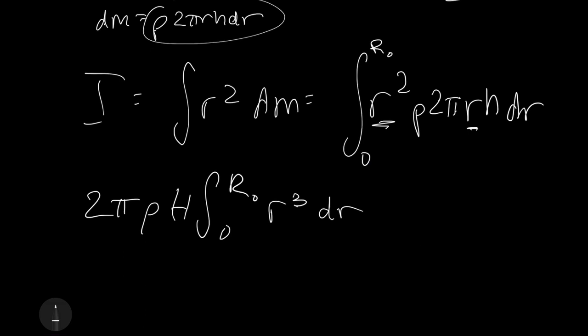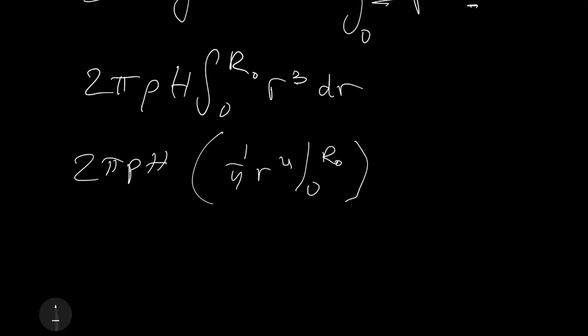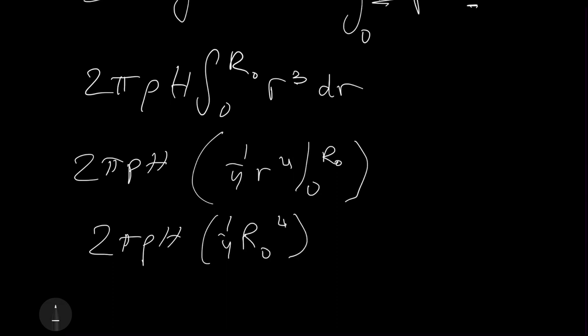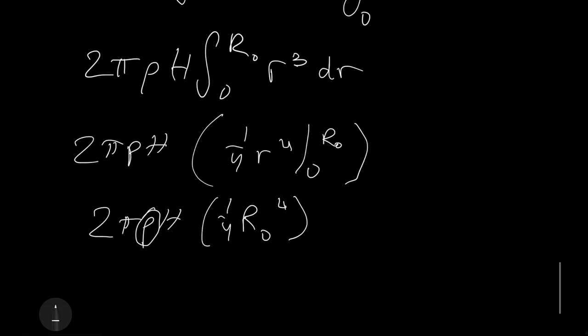From here, the integral is pretty easy. 2 pi rho h, and then we have 1/4 r to the 4th from 0 to r naught. And since we have 0, this is just going to be 2 pi rho h times 1/4 r naught to the 4th. Now, simplifying this further, because we can't just leave our rho here. If we go back, our rho actually was m over pi r naught squared h.